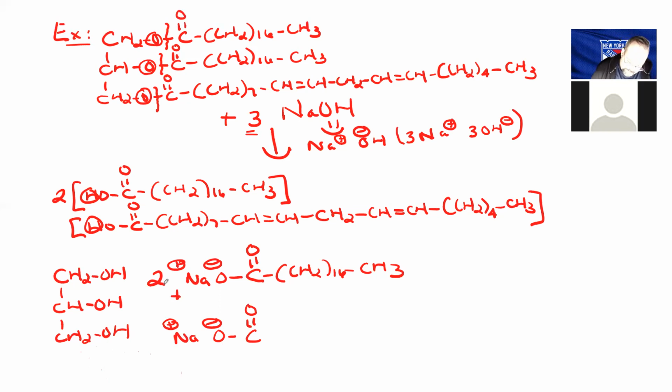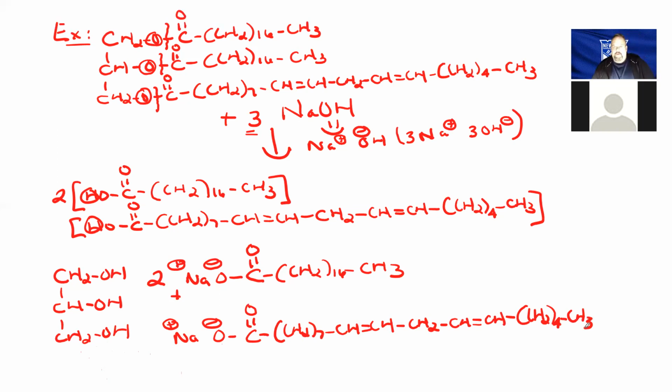And then the other one, after the C double bond O carbon, we'd have CH2 7, CH double bond CH, CH2, CH double bond CH, CH2 4 times, and then CH3. That would be the other fatty acid salt that would result in this example.